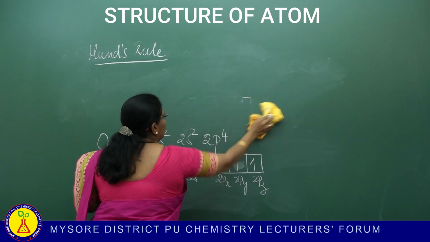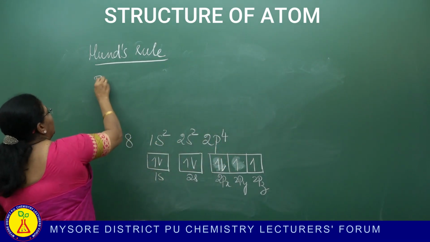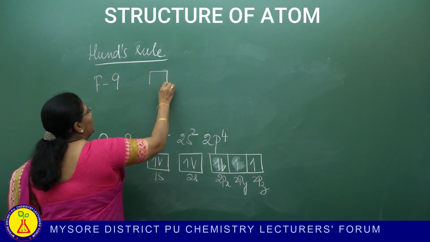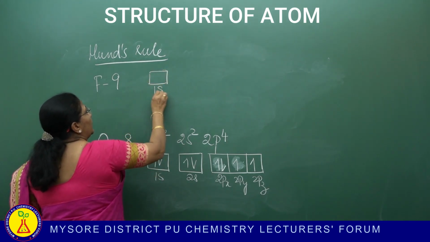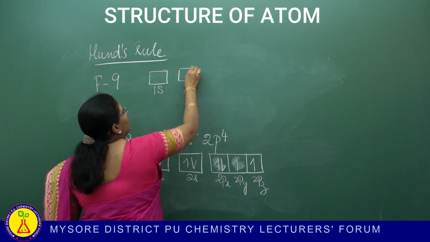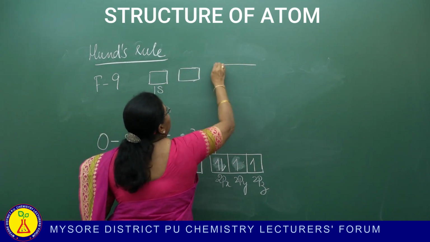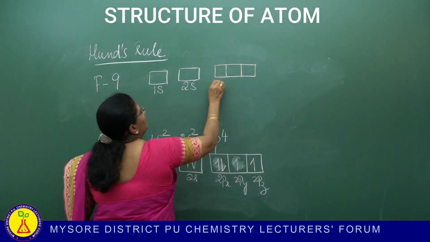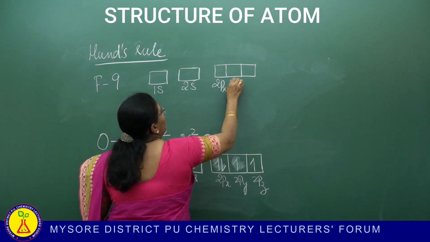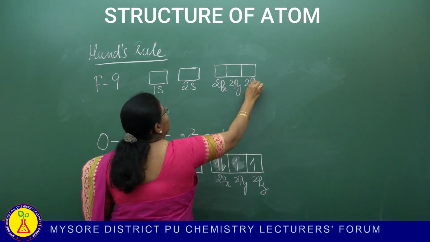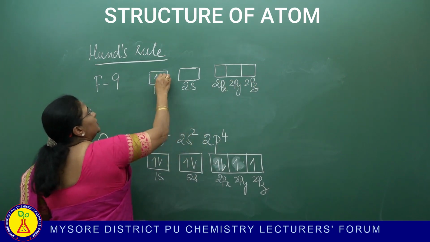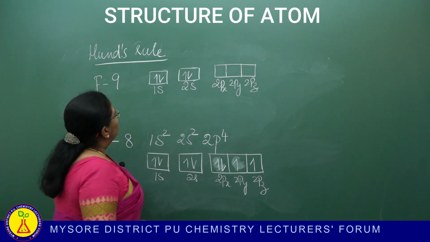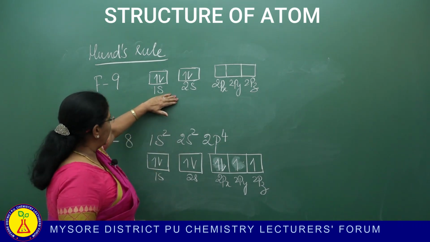Now the next example is fluorine. The atomic number of fluorine is 9. So what will be the box diagram? Like this: you have 1s, then 2s, and then 2px, 2py, and 2pz. You have 2 electrons here, 2 electrons here, out of the 9 electrons.